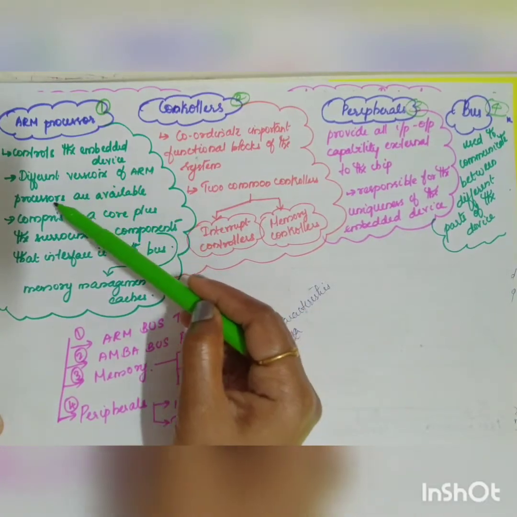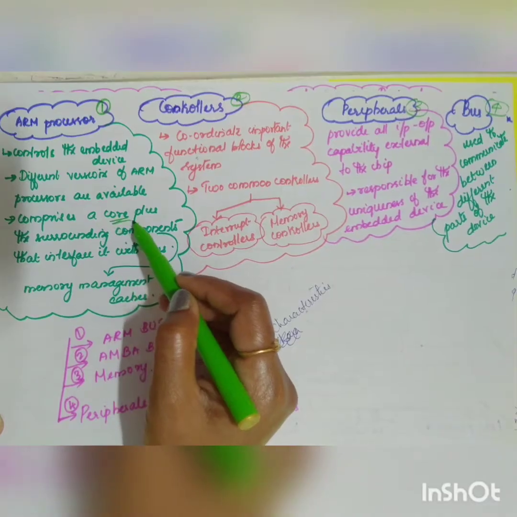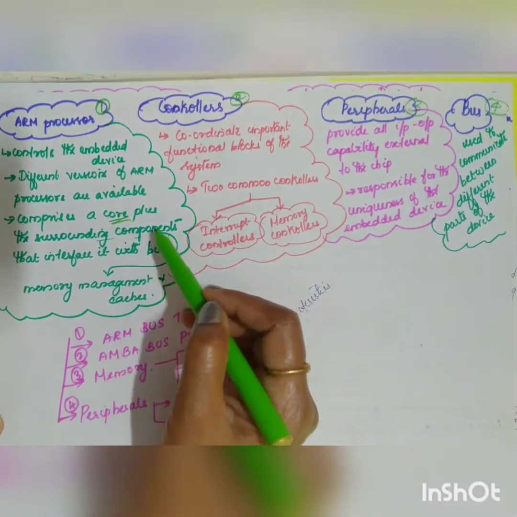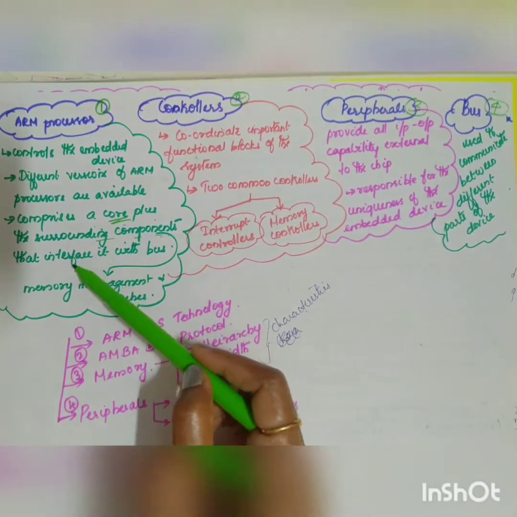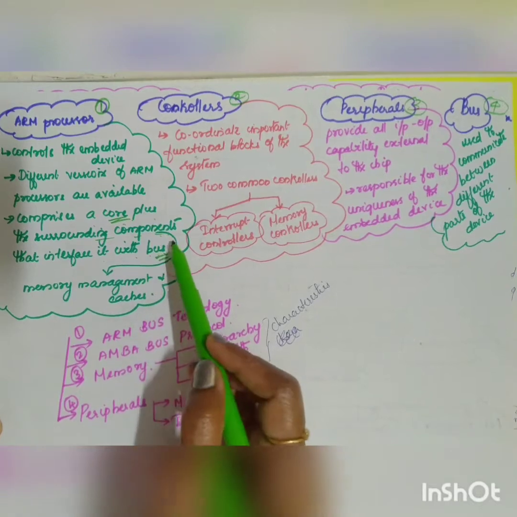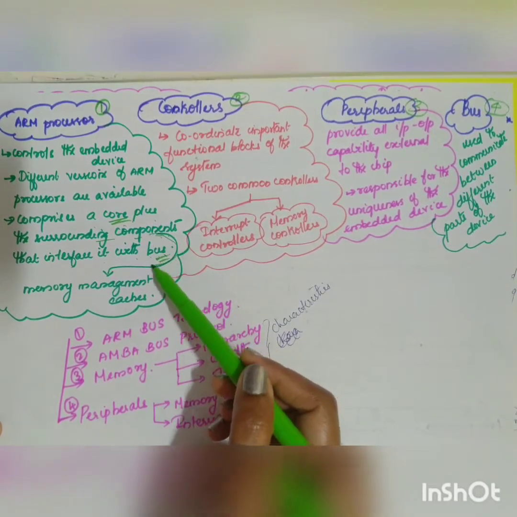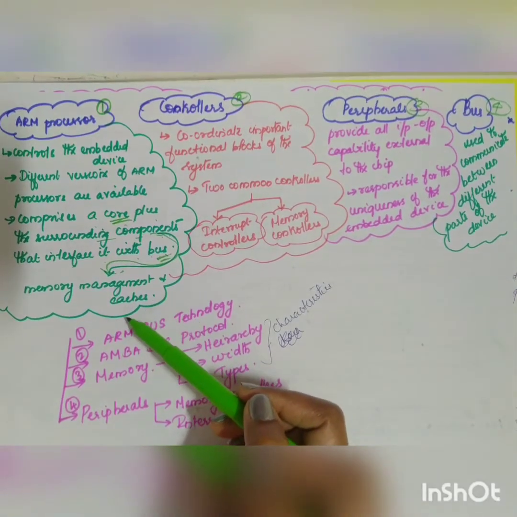Different versions of ARM processors are available. It comprises a core plus the surrounding components that interface it with a bus. Through the bus the different components will be connected. What are these surrounding components? Mainly memory management devices and cache.